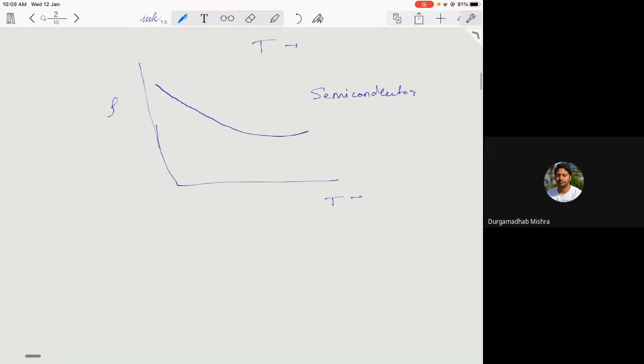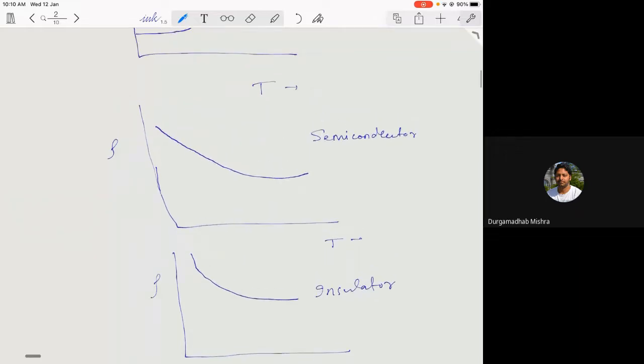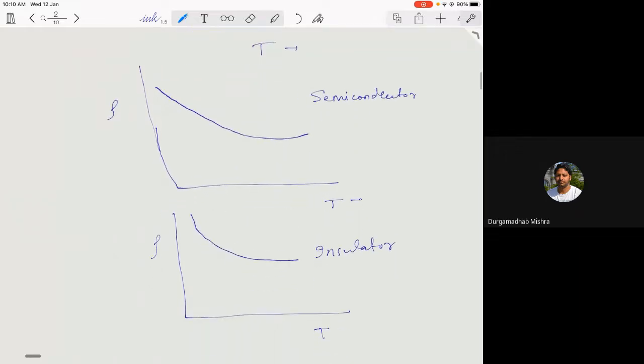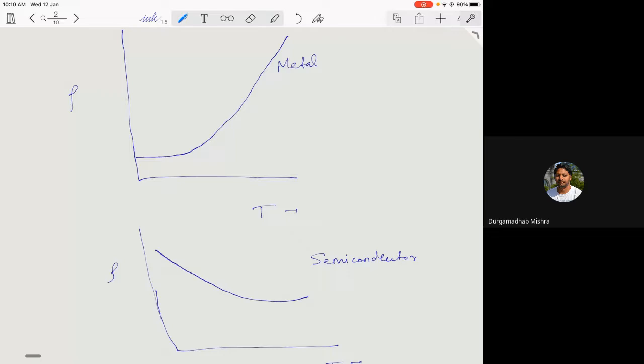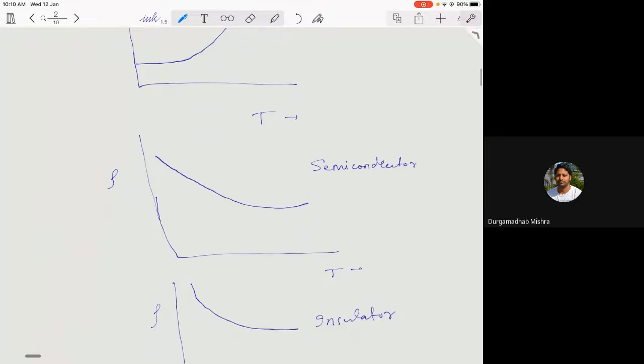And an insulator will be similar to a semiconductor, but it will have a higher value of resistivity. So this is a typical resistivity as a function of temperature. We have plotted it from really high temperature to almost low temperature, really close to absolute zero temperature.